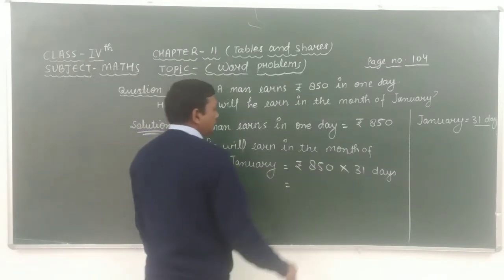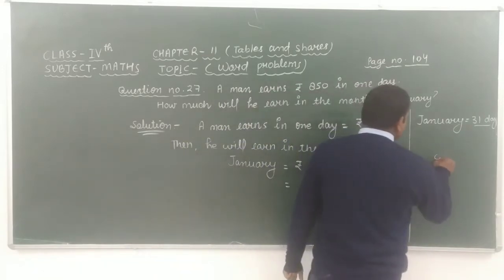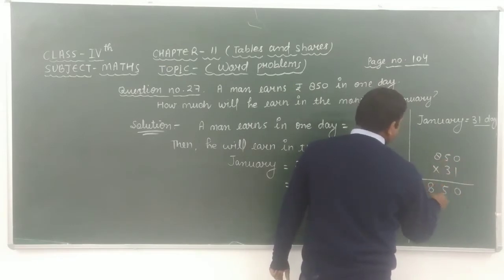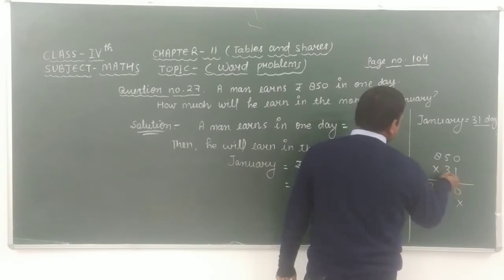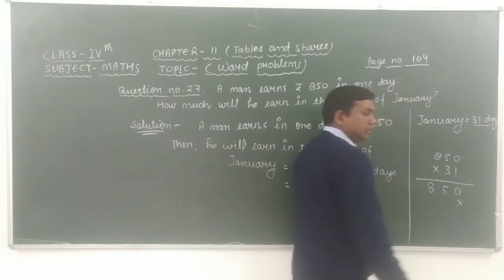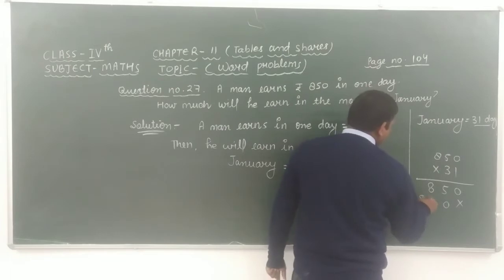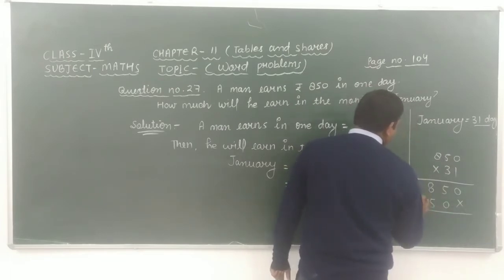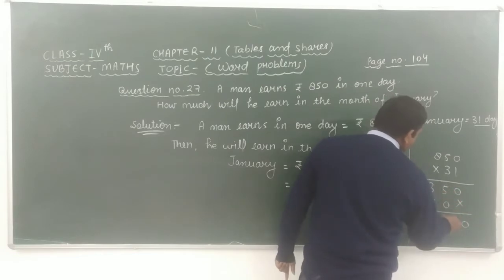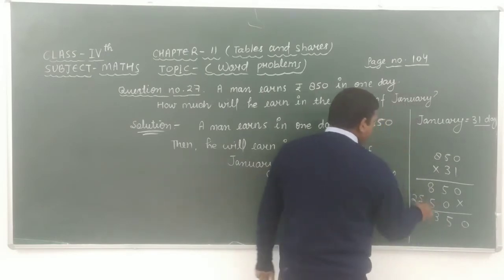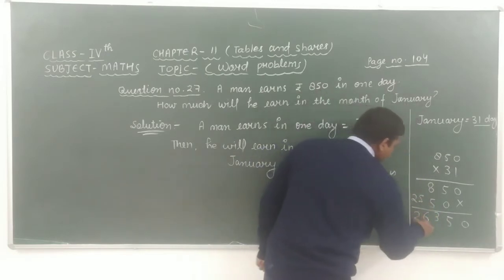Now let us take the multiplication of 850 by 31. 1 times 0 is 0, 1 times 5 is 5, 1 times 8 is 8. Again we have to multiply. 3 times 0 is 0, 3 times 5 is 15, write 5, carry 1, 3 times 8 is 24, plus 1 is 25. After adding these we get 0, 5, 8 plus 5 is 13, write 3, carry 1, 5 plus 1 is 6, and here 2.